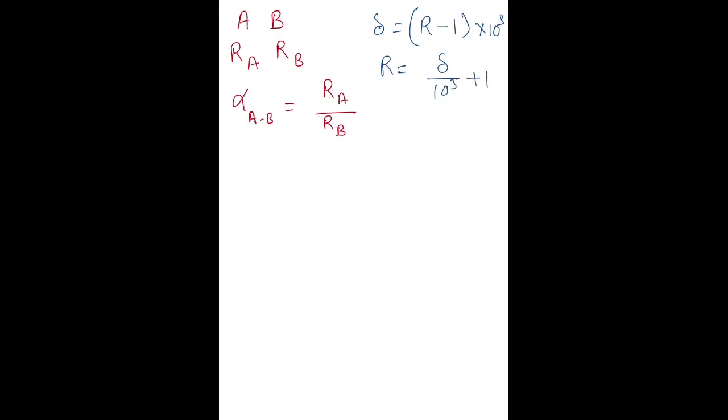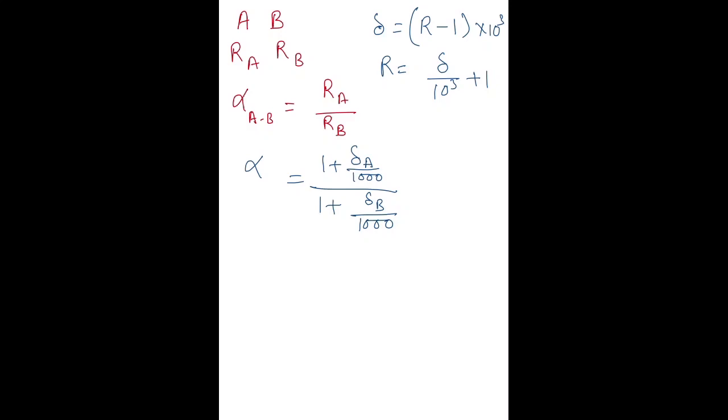So we can use this formula here, and alpha will become 1 plus delta A divided by 1000, divided by 1 plus delta B divided by 1000.